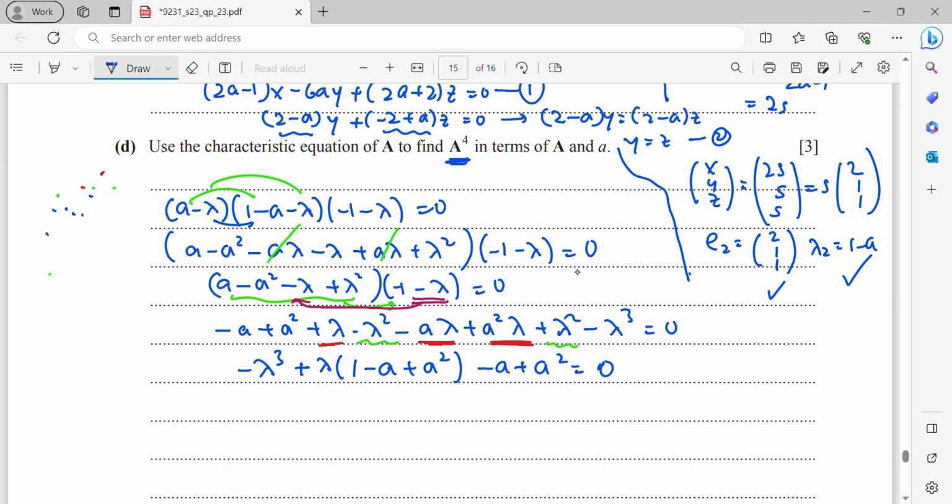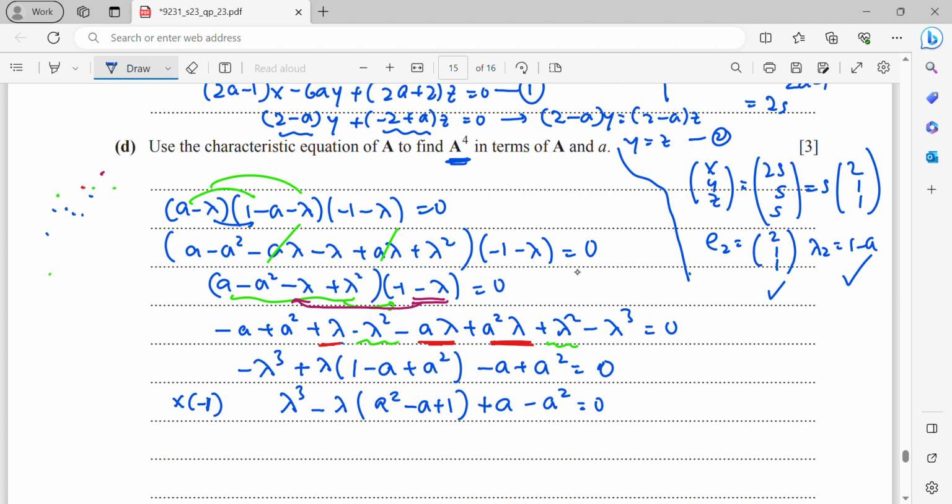Okay, and now look at the question. We need to find A degree 4. So now I will get lambda cubed as the subject. So I times the whole equation by minus 1. Means that lambda cubed, then minus lambda, I rearrange A squared minus A plus 1. Okay, I times minus, it will be plus A minus lambda squared, plus A minus A squared equals 0.